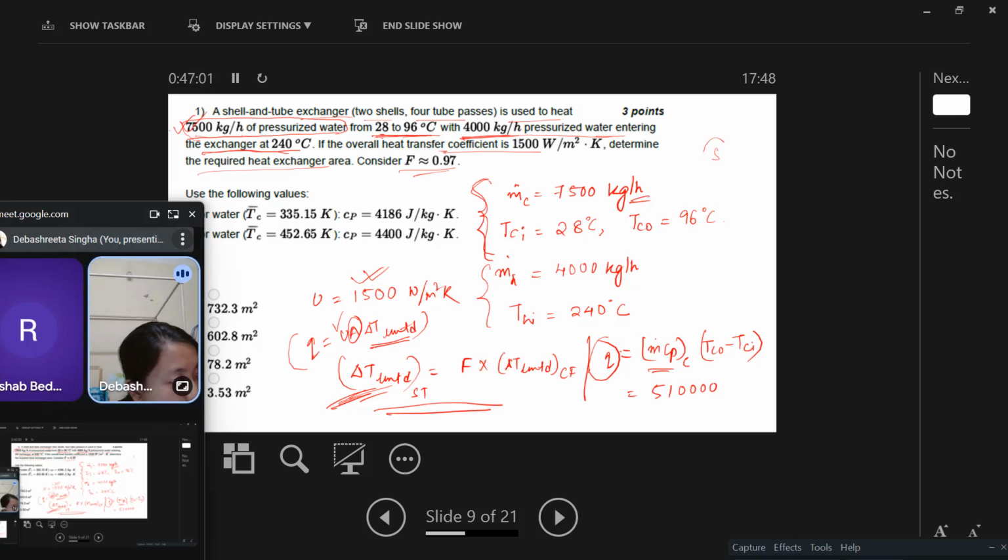Instead of hour, it should be second. Second is the SI unit, okay? You have to take care of these units. So we convert into seconds, kg per second. So just divide this 7,500 by 3600.